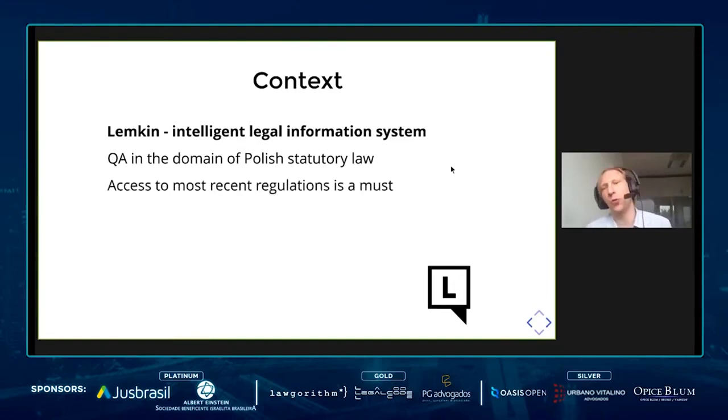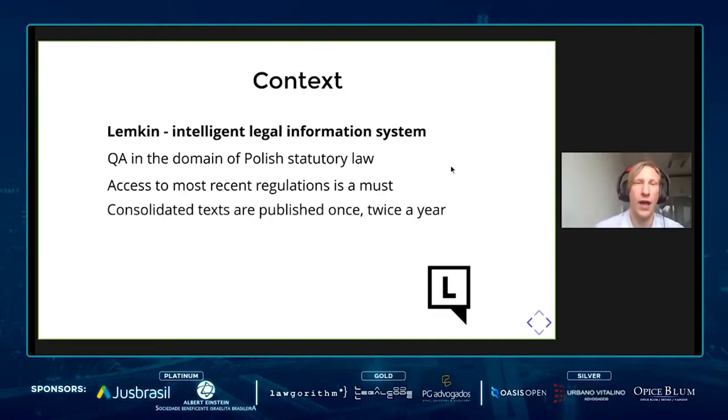And so we have to access the most recent regulations because the law in Poland changes very often. The other problem is that the consolidated texts are published, but only once or twice a year. And the laws are distributed only as PDF. So we can look at these documents as semi-structured data.